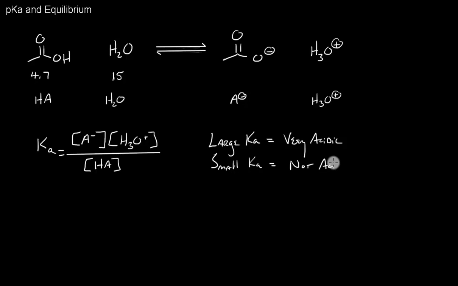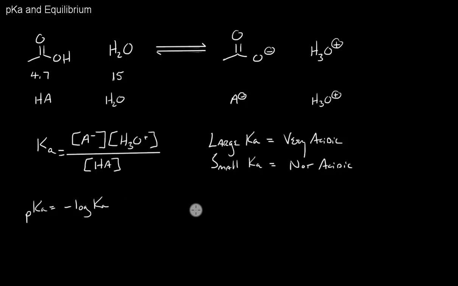Okay, so again, if you think about it, if you have a very small Ka, what that must mean is that this number in the denominator is very big. We have a lot more HA than A-. And then from there, we can talk about how pKa is related to Ka. So pKa is going to equal negative log of the Ka.